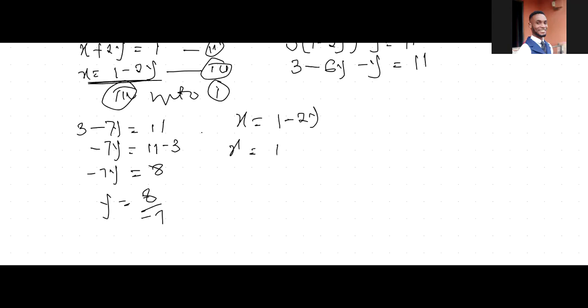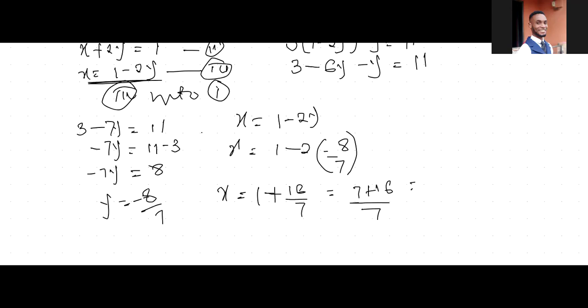So minus 2 into minus 8 over 7. x will now be 1 plus 16 over 7, which is going to be 7 plus 16 over 7. 7 plus 16 is 23, so 23 over 7. So that is the value of x and y.